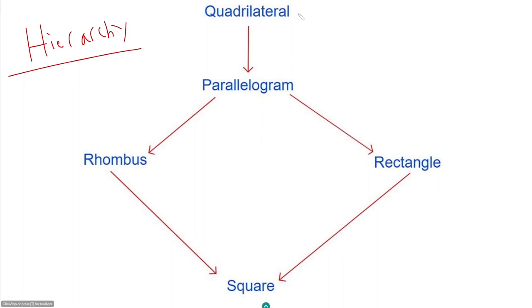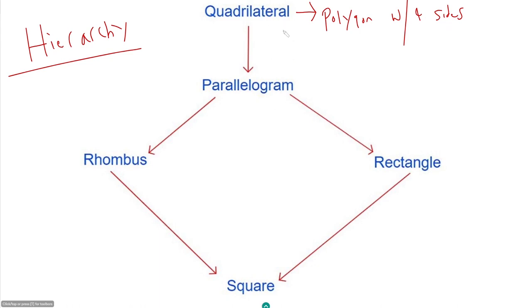So to be a quadrilateral, which all of these shapes are, what do you need? You just need to have four sides. So any polygon with four sides is a quadrilateral. They do not discriminate. You have four sides, you're a quadrilateral, no questions asked.